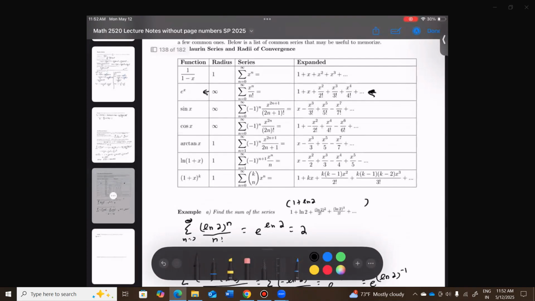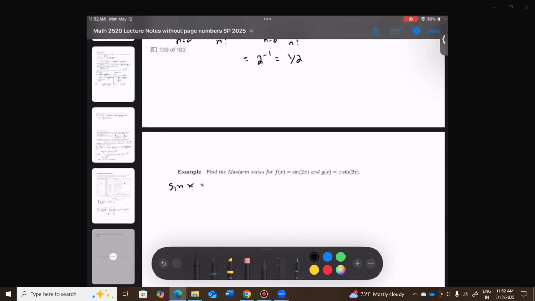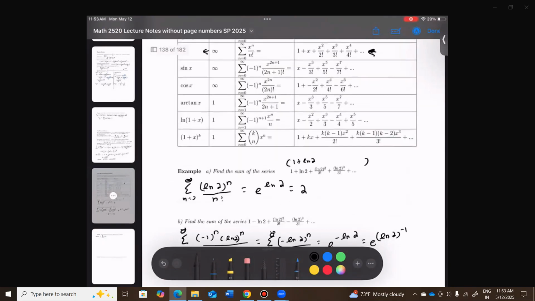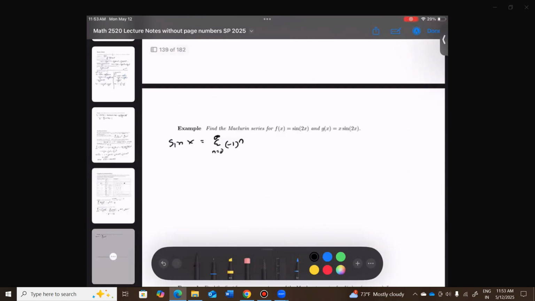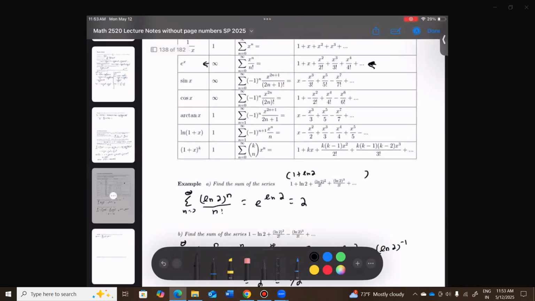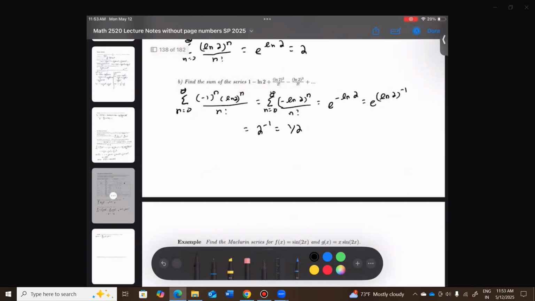It's the summation from n equals 0 to infinity, negative 1 to the nth, x to the 2n plus 1, over 2n plus 1 factorial.